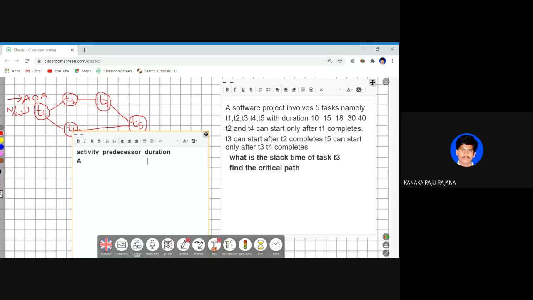Duration is again 6. Next B. This is A, duration is T.